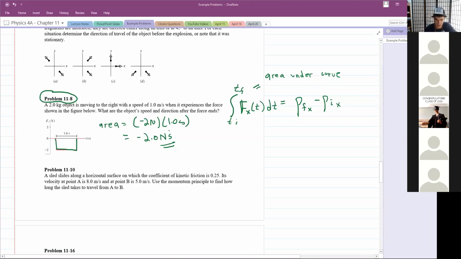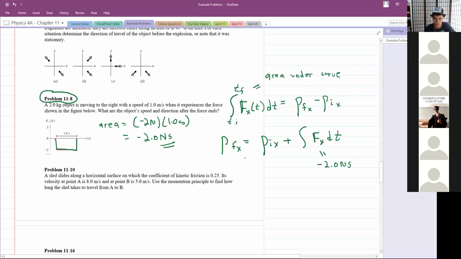So my final momentum in the x direction equals my initial momentum in the x direction plus this impulse, which we just found was -2 newton-seconds.